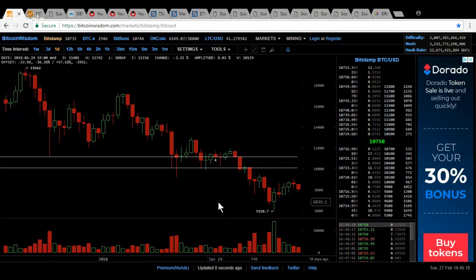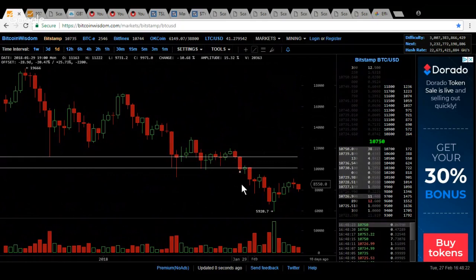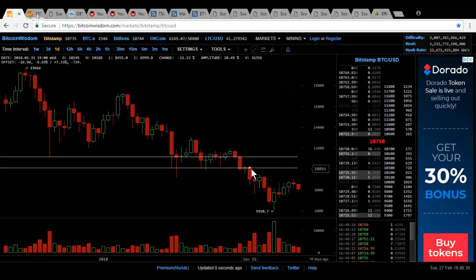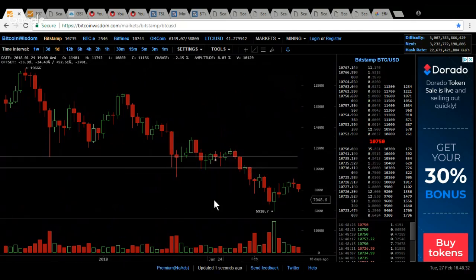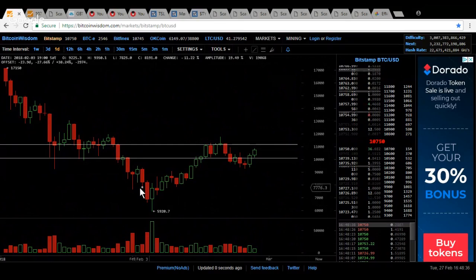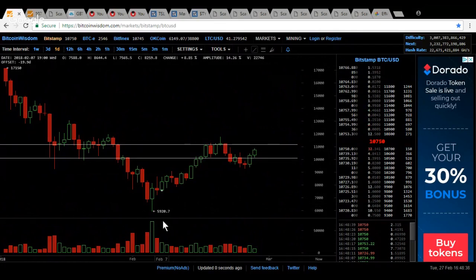And these 2 lines tell a fascinating story about the supply and demand relationship above the 11,100 line and below the 10,100 line. We are now trying from the bottom, from the 5,920 low, to retake these lines.